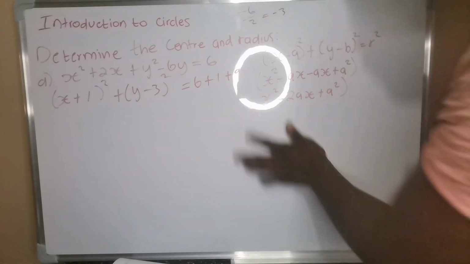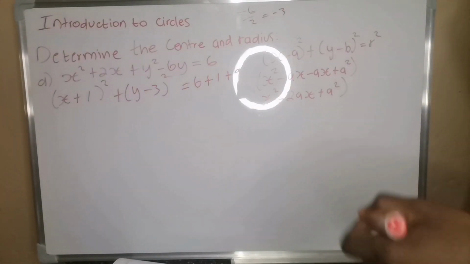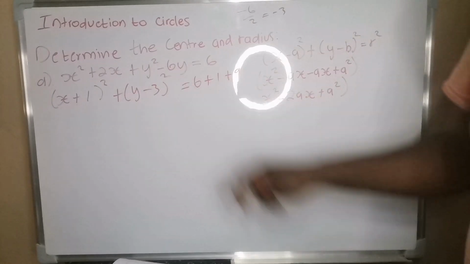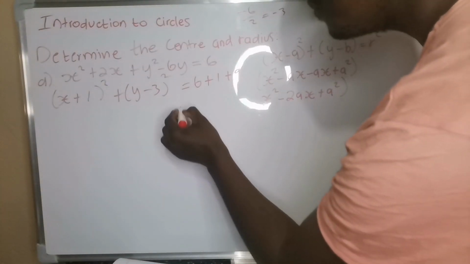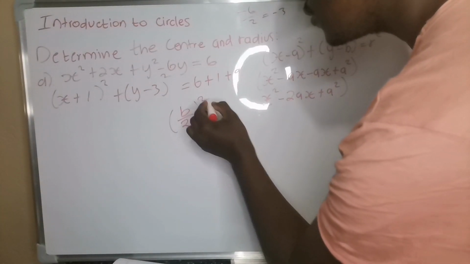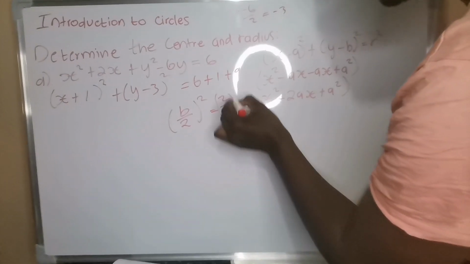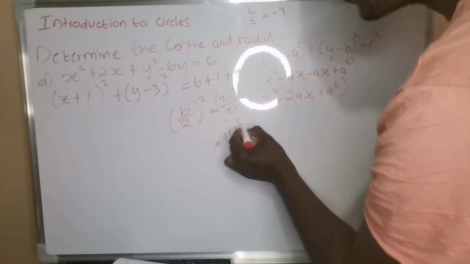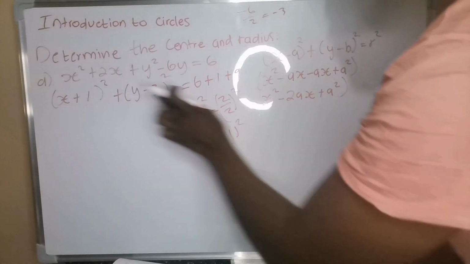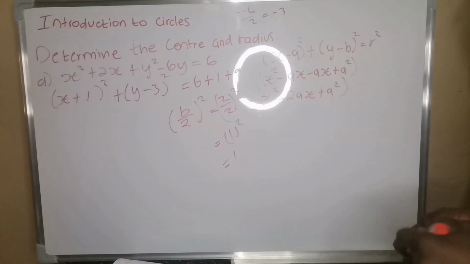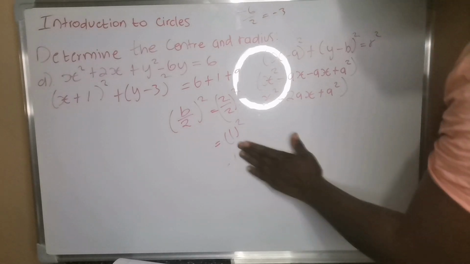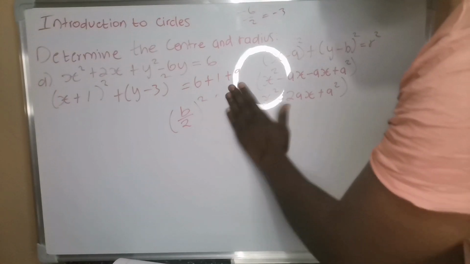So the formula is b divided by 2, squared. What is our b here? It is 2, and 2 divided by 2 squared is 1 squared, equal to 1. That's how we complete a square if you have an equation, guys.